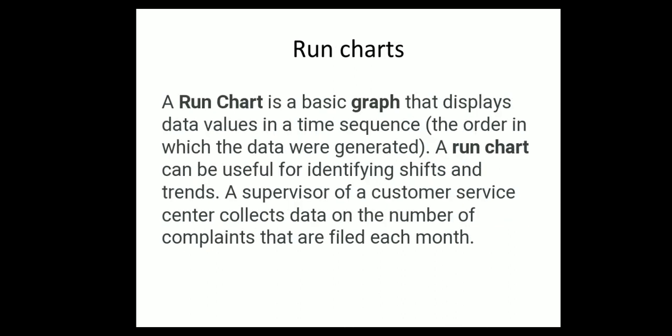A run chart is a basic graph that displays data values in a time sequence, the order in which the data were generated. A run chart can be useful for identifying shifts and trends. A supervisor of a customer service center collects data on the number of complaints that are filed each month.